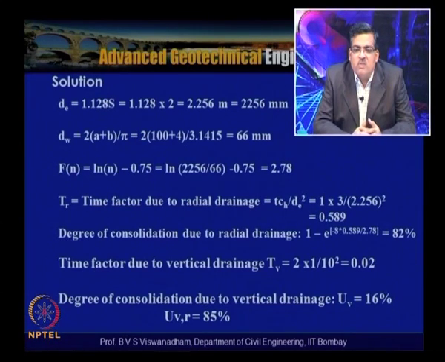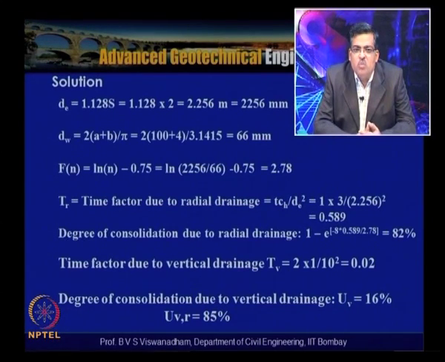Now calculate the degree of consolidation due to radial drainage, 1 minus e to the power of minus 8 times 0.589 divided by 2.78. After simplification we get 82%. Now the time factor for vertical consolidation is T CV by H square, because it is one-way drainage. So 2 into 1 divided by 10 square, because of single drainage, is 0.02.